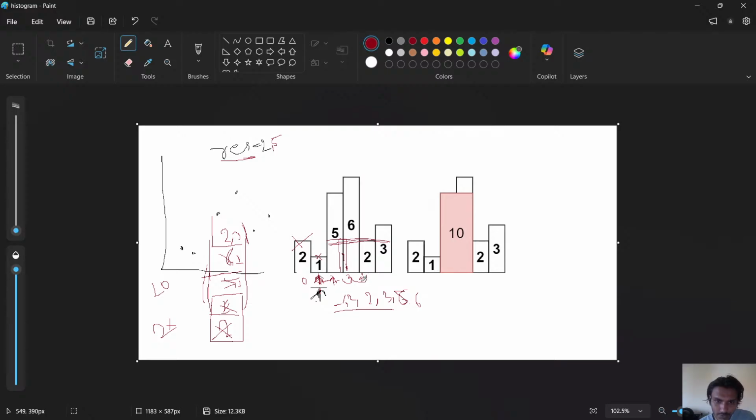So 4 minus 2, that is 2. So 2 to 4. Including itself, it will be 4 to 8. This will be 8. 0, 1, 2, 3, 4. So 4 minus 2, that is 2.